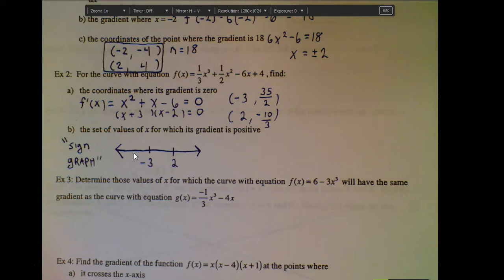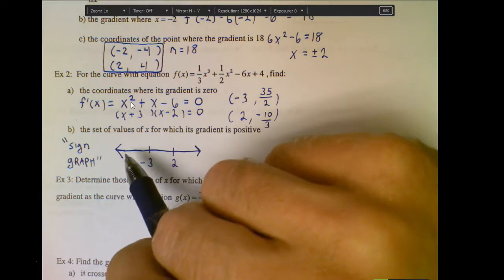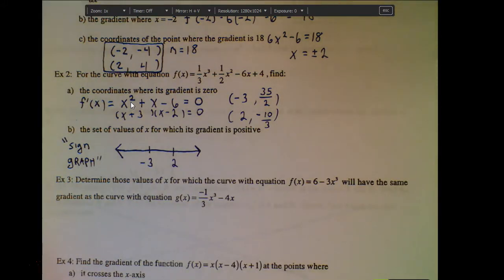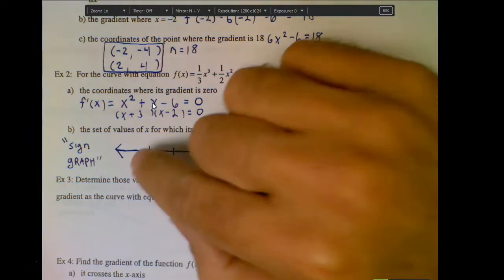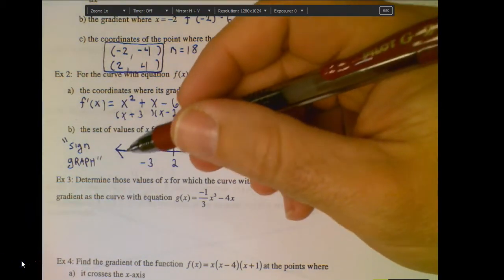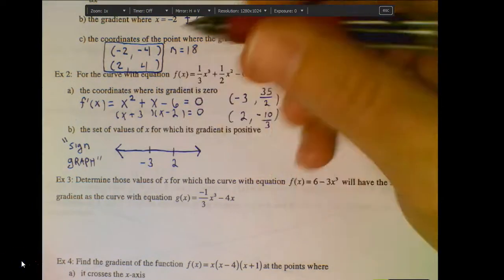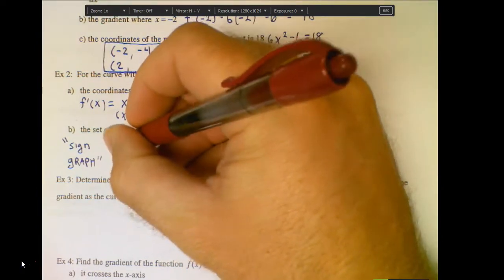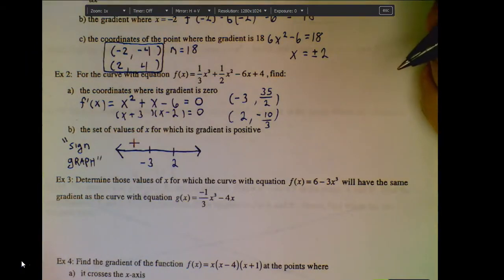If I took -4 and plugged it into my derivative, what kind of a slope do I get? Do I get a positive or a negative? Well, any number that you pick in this area, if you plug it into the derivative for x, you're always going to get a positive result. So that means any gradient in this area of the graph is going to have a positive slope.